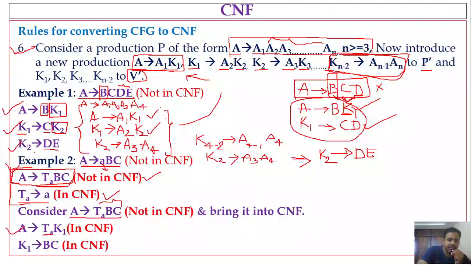The remaining variables you can represent with one variable K1. Now K1 denotes capital B, capital C. These rules are in CNF, so add these productions to P dash, variables to V dash, and terminals to T dash. This is how we can convert the CFG into CNF.